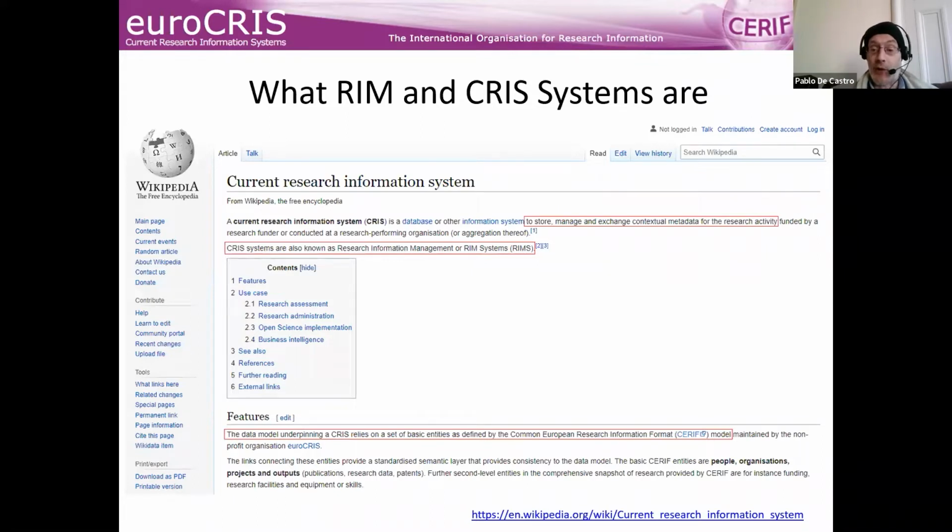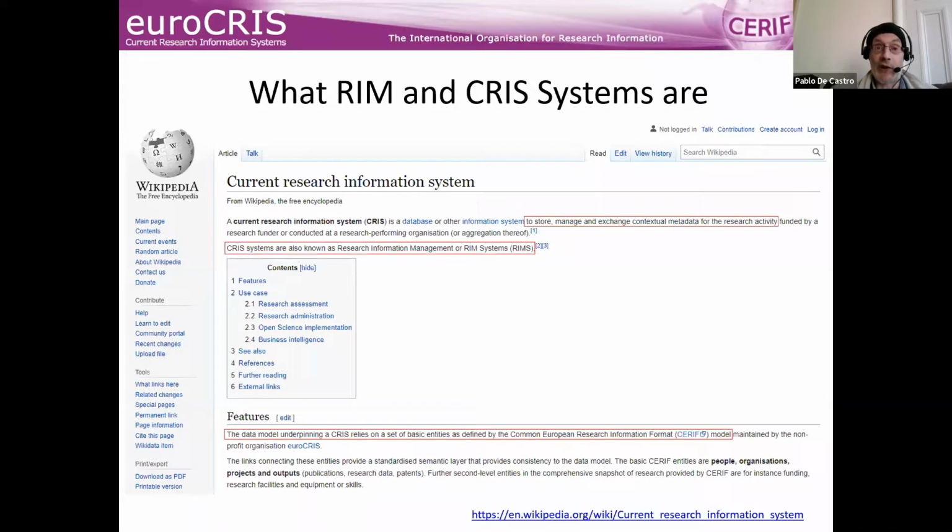A key aspect of CRIS systems is the data model underpinning these platforms. This is a set of basic entities interlinked with each other, defined by the so-called CERIF standard, or Common European Research Information Format.